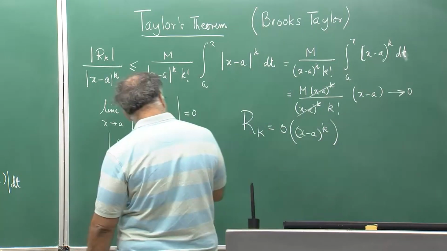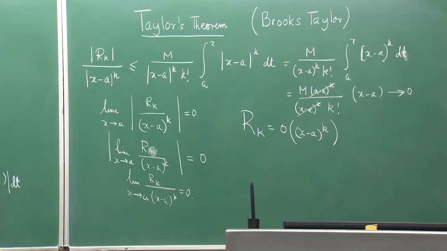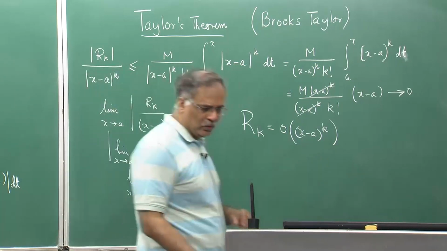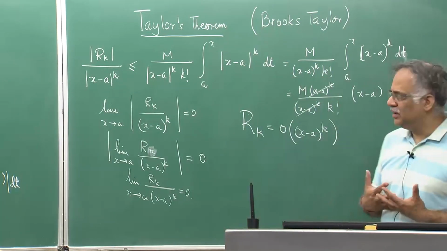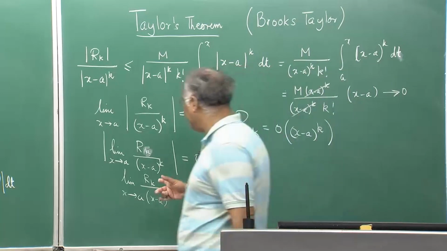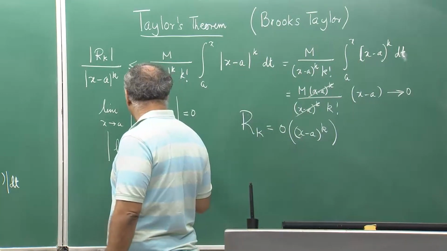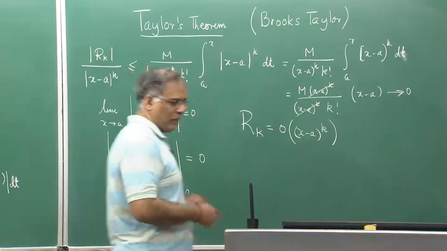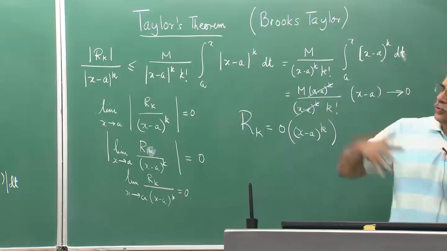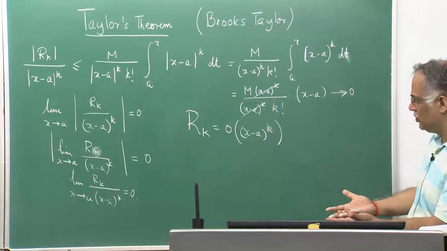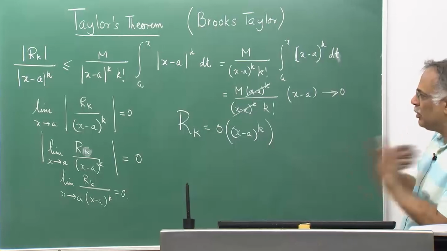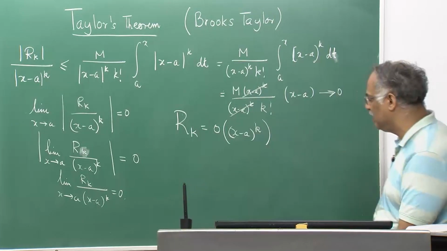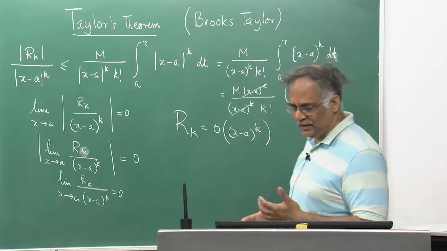That is, if I divide this by x minus a to the power k, and as x goes to a, I will get the resulting limit to be 0, which simply says that as x goes to a, the error r k vanishes faster than x minus a to the power k. That is, r k goes to 0 faster than x minus a goes to 0. So r k is an error which will keep on vanishing very fast when x is going towards a. So that is the key idea.